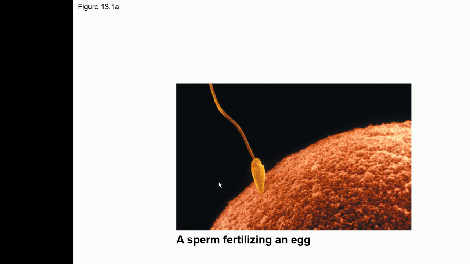We know that life starts when the sperm fertilizes the egg. An individual is formed from the fertilization of the sperm with the egg. Every individual is formed by the fusion of two different gametes, or sex cells: sperm from the father and egg from the mother.